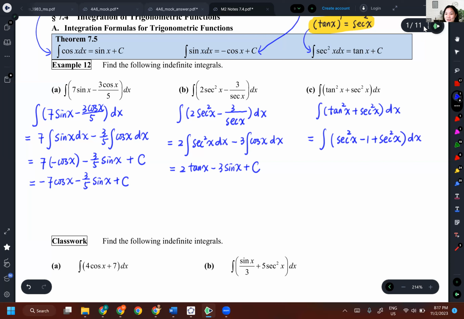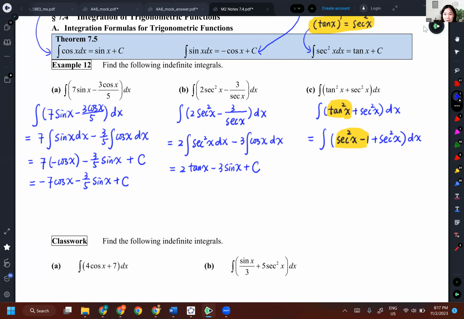Now this formula was also used in the test earlier this week: tangent x squared equals secant squared minus 1. It's very basic and very often used.